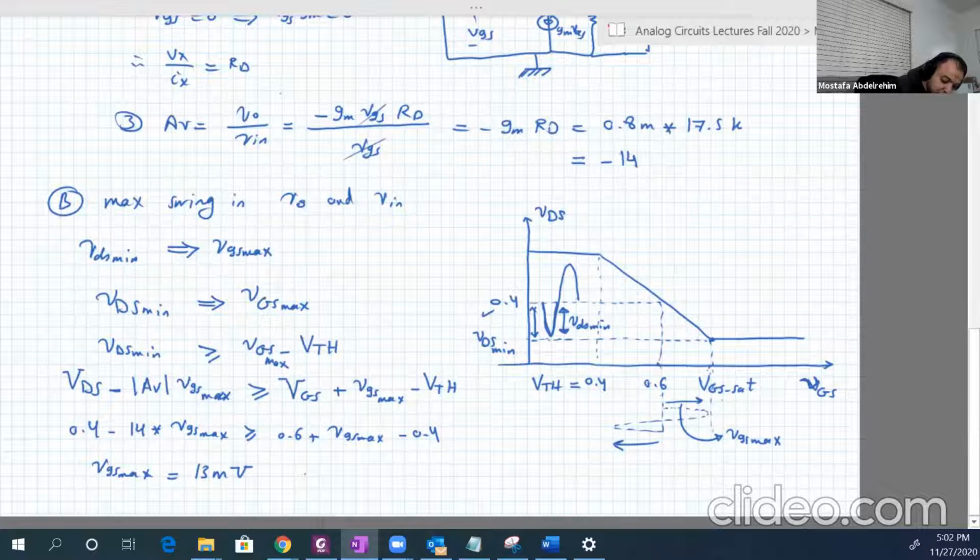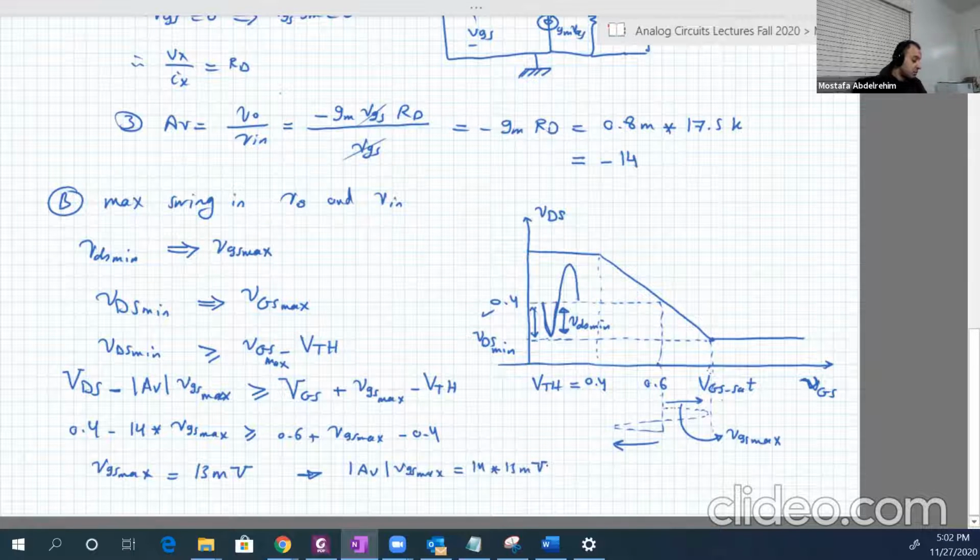And this will correspond to AV magnitude VGS maximum, so it will be 14 multiplied by 13 milli. So this is VDS minimum, or VDS small minimum.